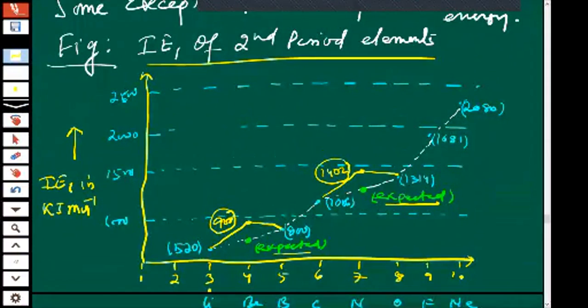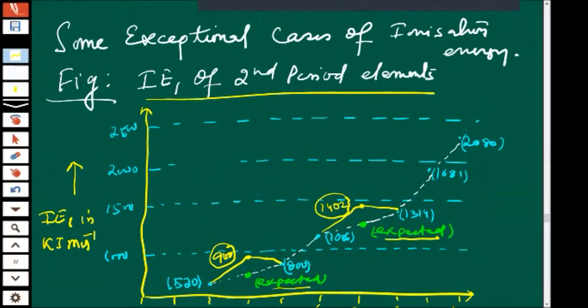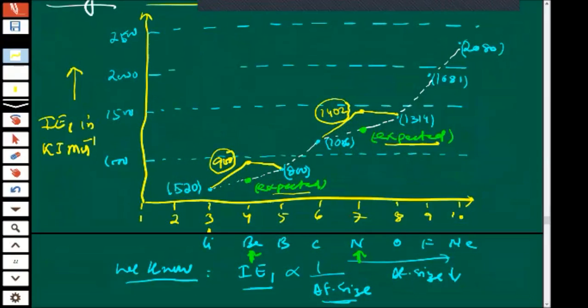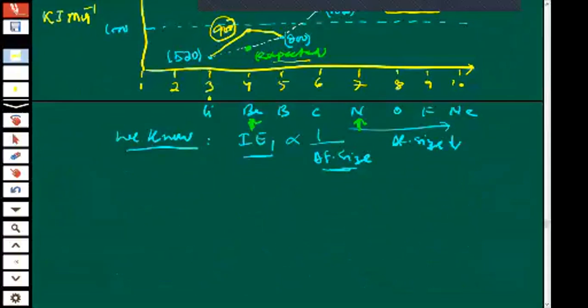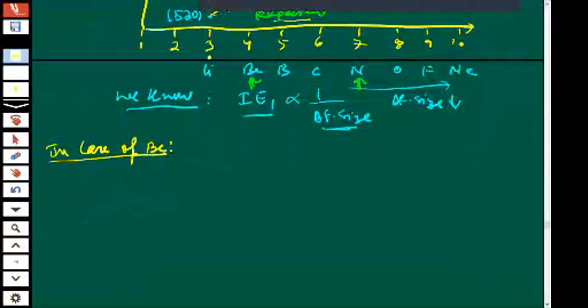In case of beryllium, children, write the electronic configuration of beryllium. Hydrogen, helium, lithium, beryllium. Beryllium has 4 electrons.